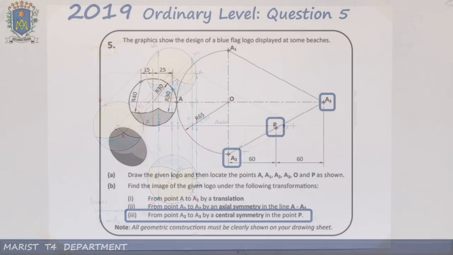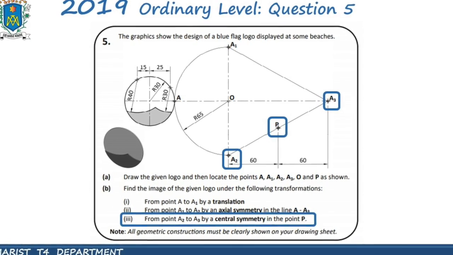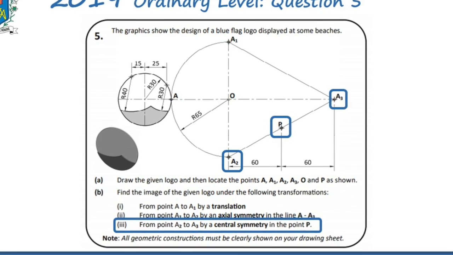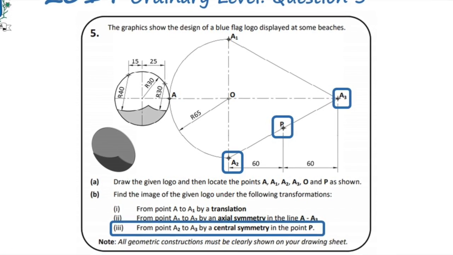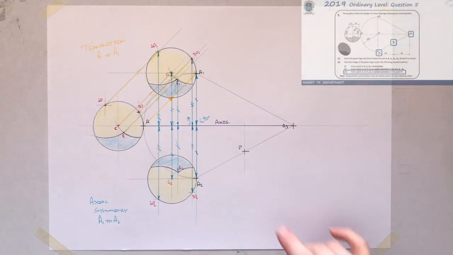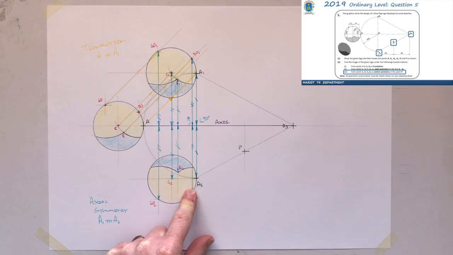So our last part, again, if we look closely at our question, we can see it is part 3 of the question. And this is central symmetry from A2 to A3. And we have to go through point P. To do that, we're going from A2 through point P here to A3 as it said in the question.